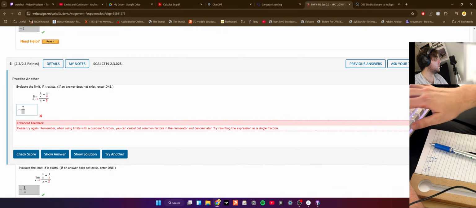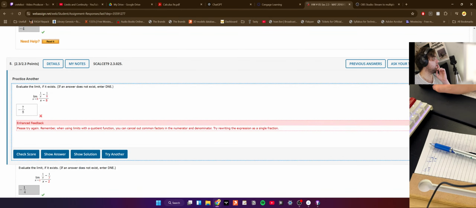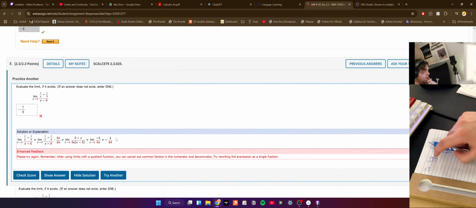I'm just going to throw this one at the wall and see if it sticks. No. Rewrite the expression as a single fraction. That's why I just want to multiply it. Alright, let's get some help on this one.